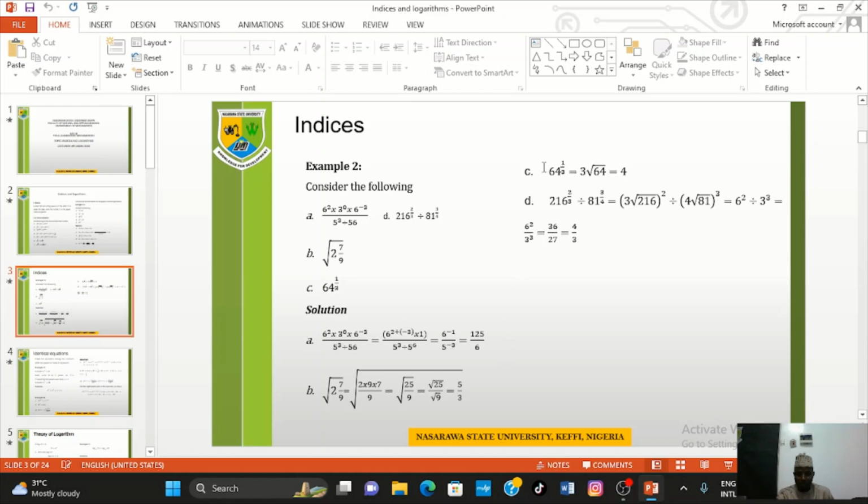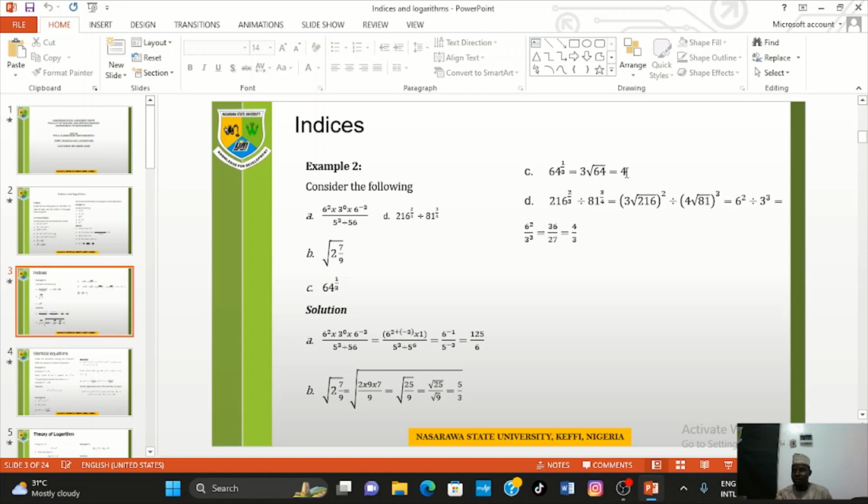Then this example 3: 64 raised to the power of 1 all over 3. This can be transformed as the cube root of 64. So with this, seeing this 3 that is outside of the root, you think of a number that when you multiply it by itself 3 times, the result will give you that 64.